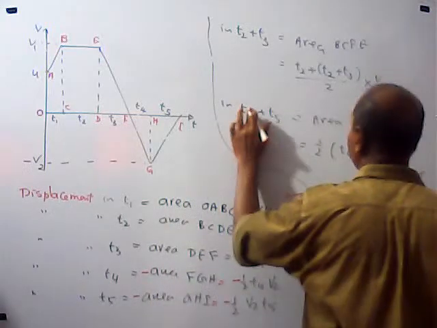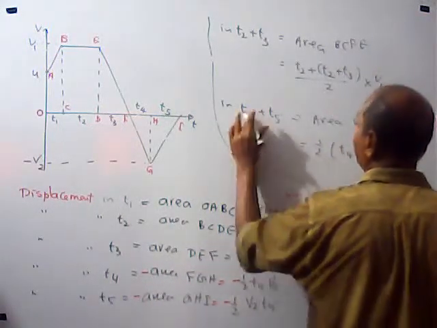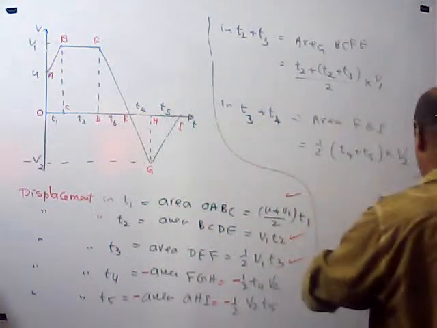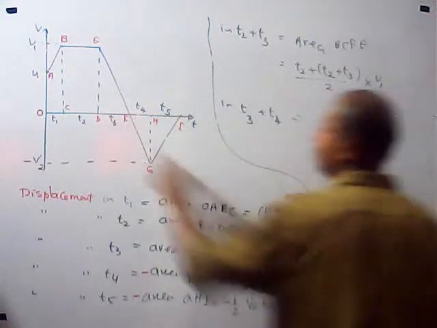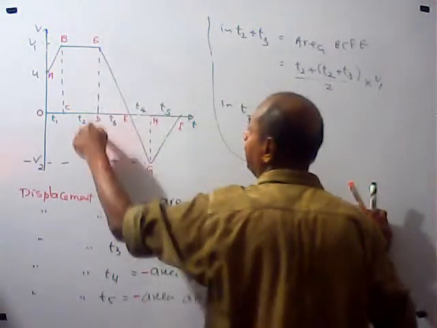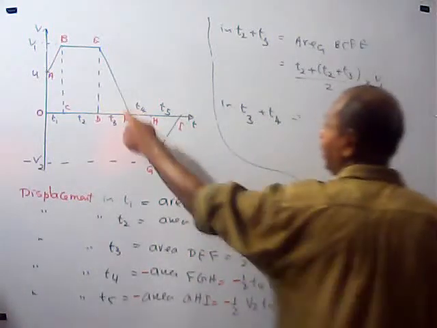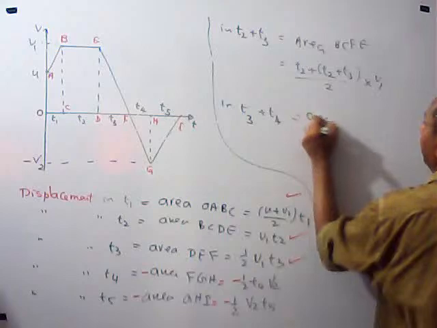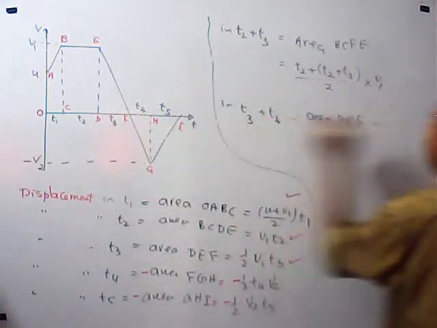You'll find it again. T3 plus T4 is equal to area DEF minus area FGH.